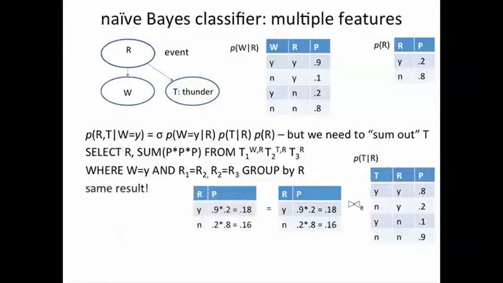But notice that we get the same result, because when we multiplied this element by 0.8 for R equal to yes, and again by 0.2 for R equal to no, and then sum them up, we'll get the same result, because 0.8 plus 0.2 is 1. Similarly for 0.1 and 0.9. So it doesn't change anything. This is to be expected since there was no new evidence as compared to earlier. Just by including something new in our diagram, we couldn't expect to change our belief in R.